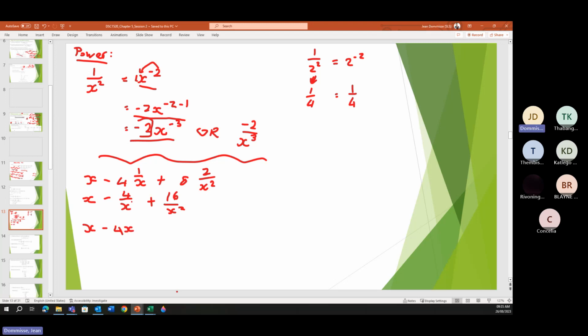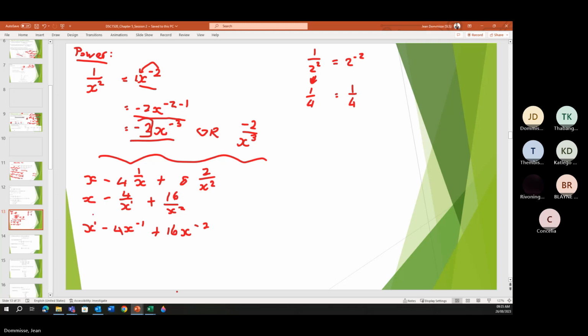Remember, there's actually a hidden 1 there, so if I take that to the top, x to the power of minus 1, and then if I take this to the top, it becomes x to the power of minus 2. And now we can do exactly the same as we did with the previous one, we need to work with the power rule.